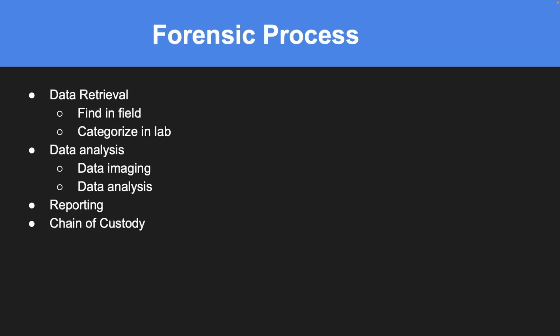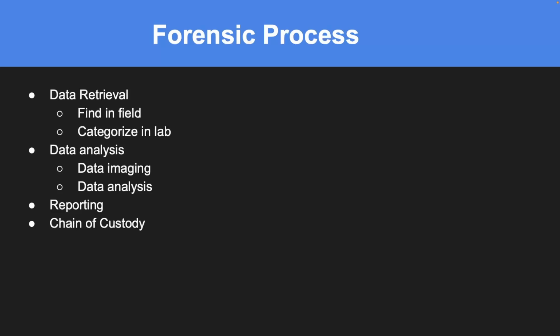And our first step of the data analysis process is to image the storage medium, which will involve taking it out of whatever computer was housing it. After we do this, we're going to put that through imaging software and create a bit by bit copy of the thing.